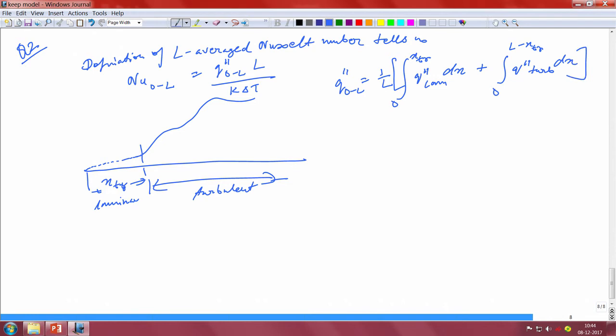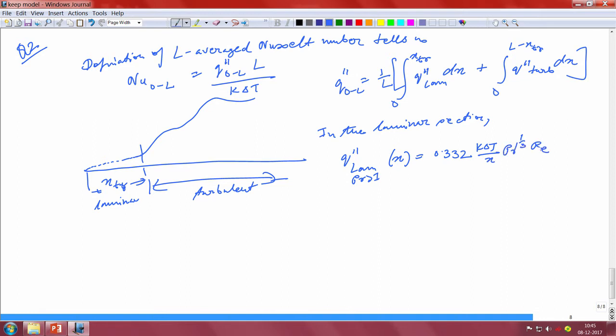In the laminar section, Q laminar for Prandtl number greater than 1 at any point x, if you recall your old stuff, this is an isothermal plate. So this is 0.332 k into delta t by x, Prandtl number 1/3, Reynolds number half.